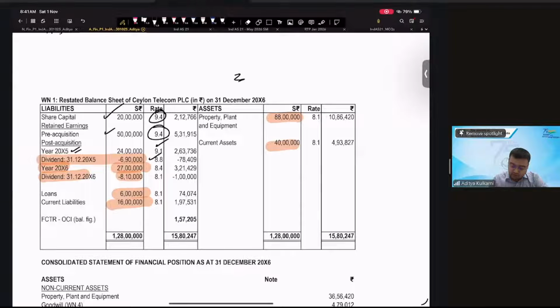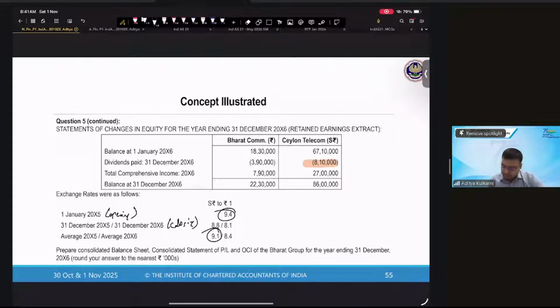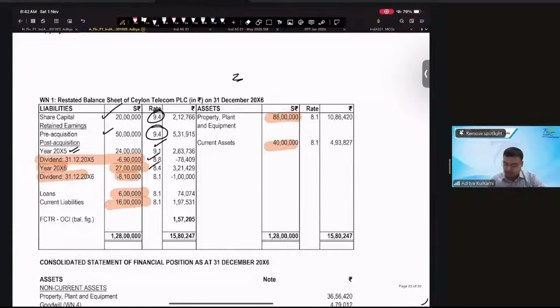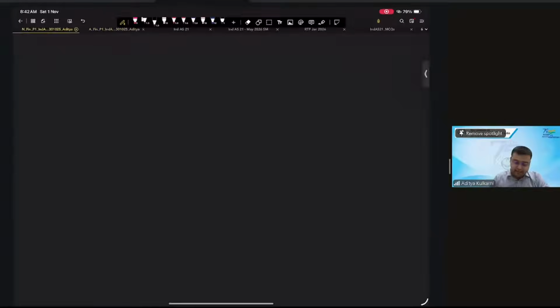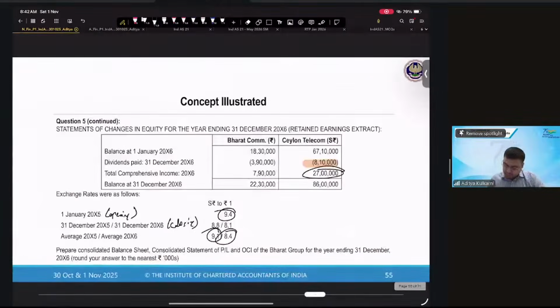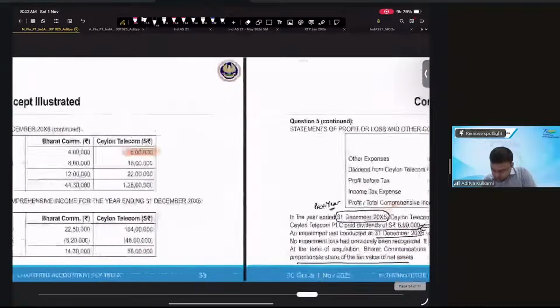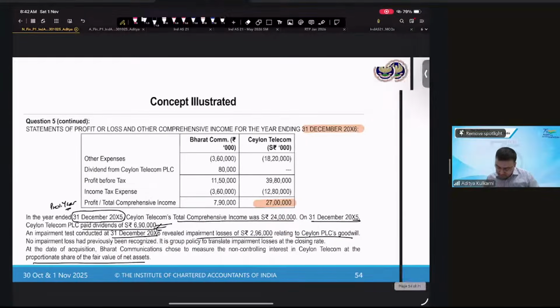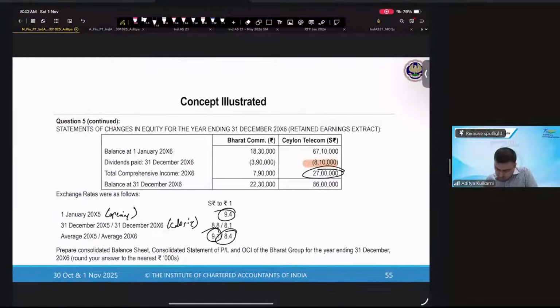Next, year 20x6. Profit earned 27 lakhs, average is 8.4. And here also I have paid some dividend, 8 lakh 10,000.